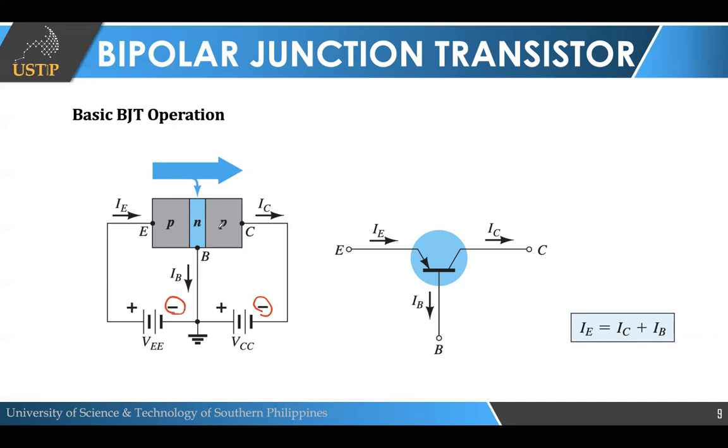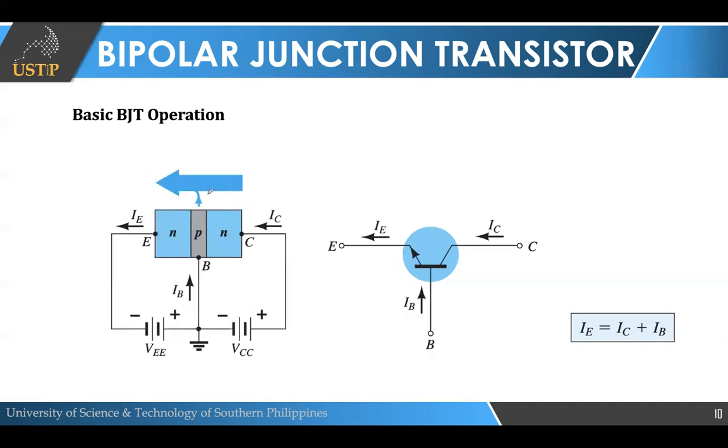For our NPN, it is going to the left. The holes, class, are going to the left because your negative is here. Okay, the concept is the same as the PNP earlier regarding the carriers per junction. If you are going to analyze that per junction, it is the same. So we will have going to the left again.